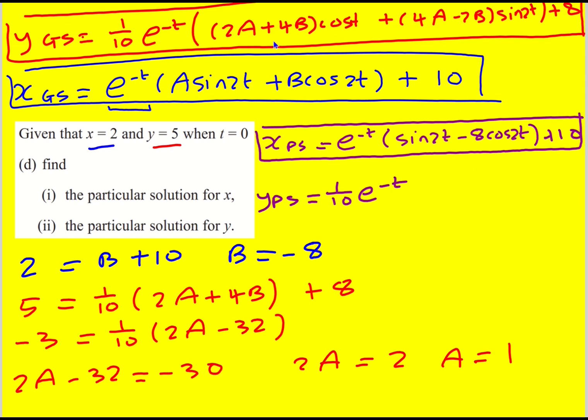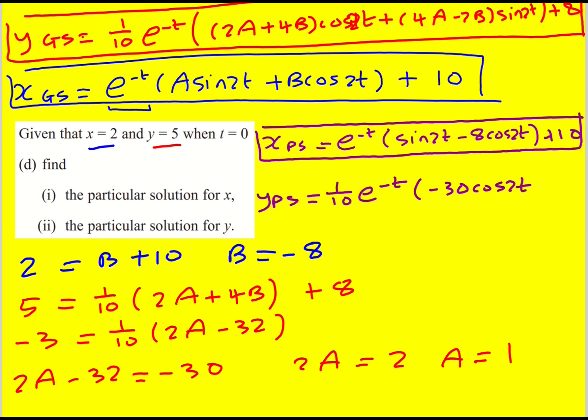Right, now I've got to do 2a plus 4b. So that's 2. And then remember, b was minus 8, so 2 minus 32, I'm going to get minus 30. Just realized that should have been a 2t as well. And then 4a minus 2b is 4 plus 16.